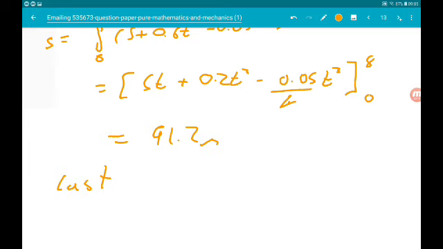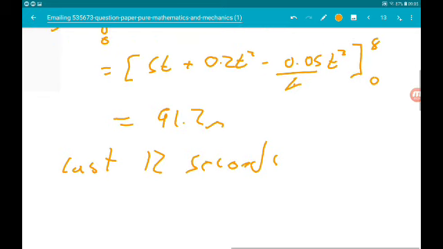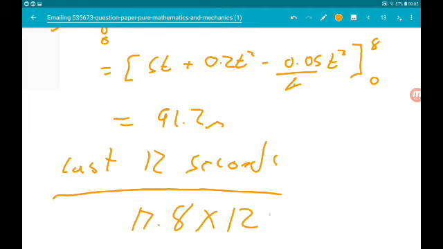it's the same as it was before because our velocity is constant again. So for the last 12 seconds again it's 17.8 times 12, which is 213.6.